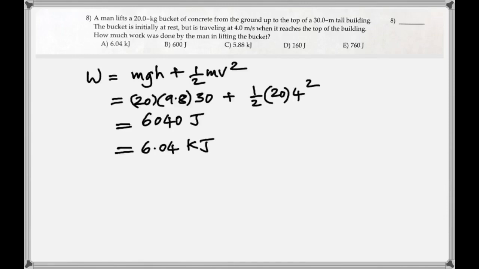So the work done is actually the gain in potential energy plus the gain in kinetic energy. Potential energy is mgh, and kinetic energy is 1/2 times m times v squared. Everything is given, so you calculate that as 6040 joules, which is 6.04 kilojoules.